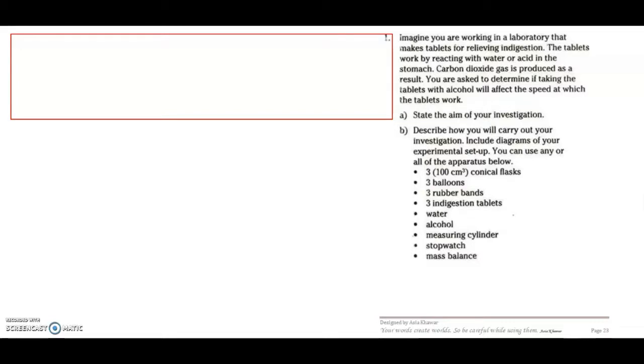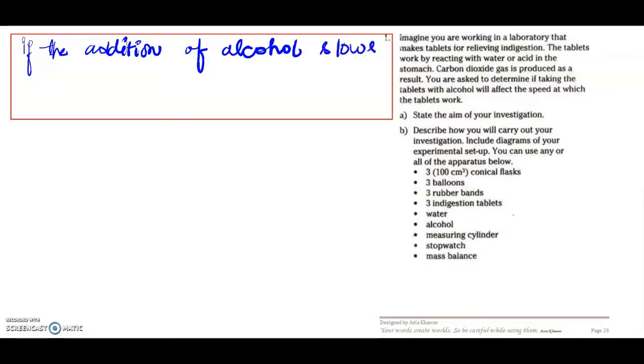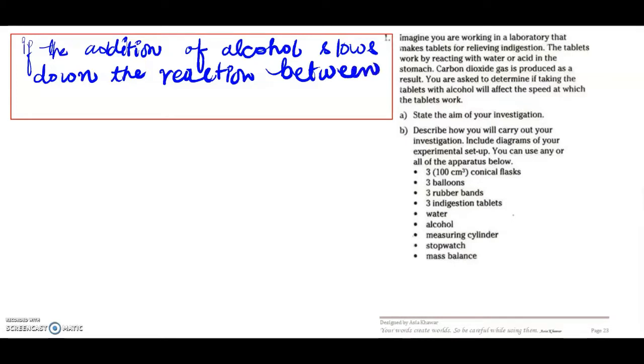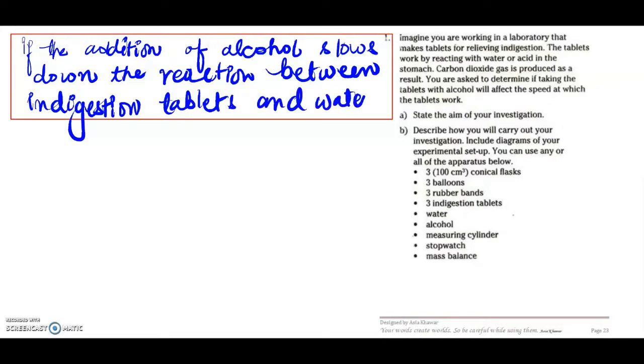Or you can also say it is to investigate if the addition of alcohol slows down the reaction between indigestion tablets and water. So this is the aim of this investigation.